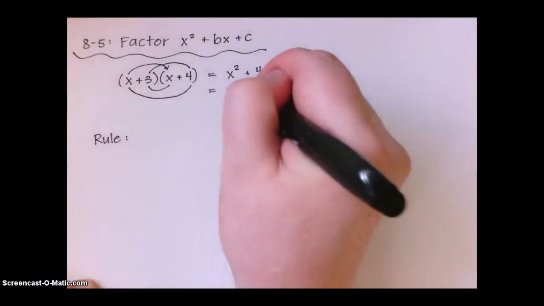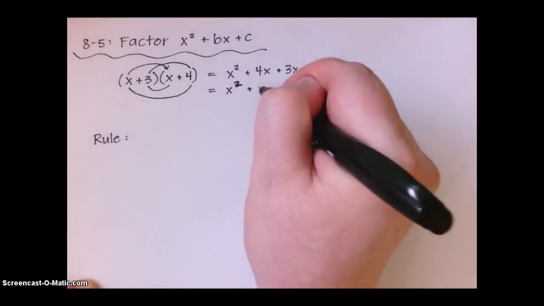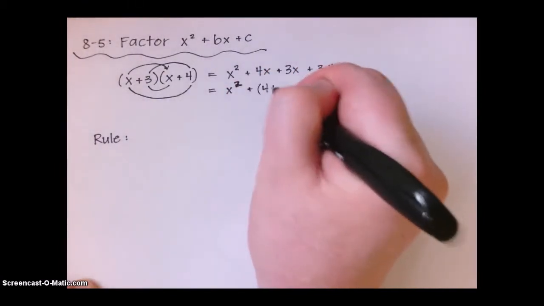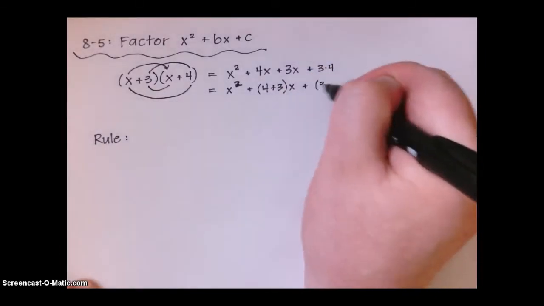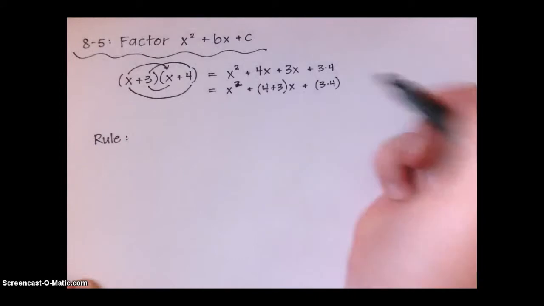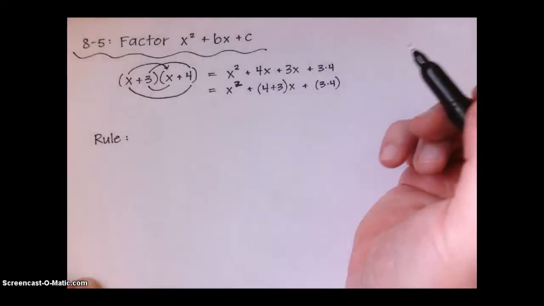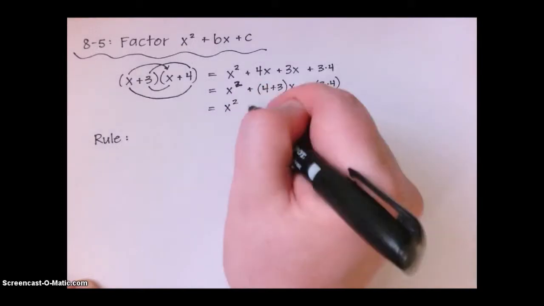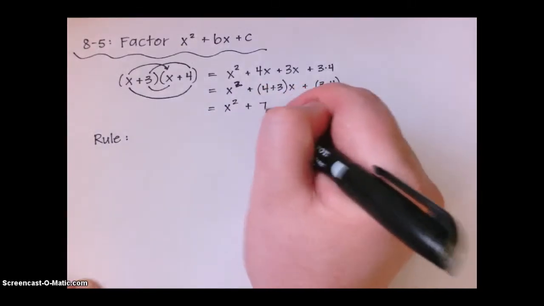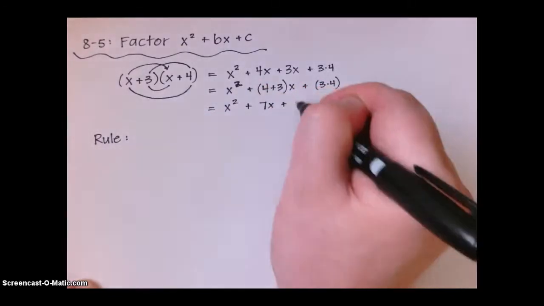So, x squared plus, I really have 4 plus 3 x's plus 3 times 4 together. And you'll see in just a moment why I'm grouping them. Now we know that this again would be, in the end, x squared plus 7x plus 12.